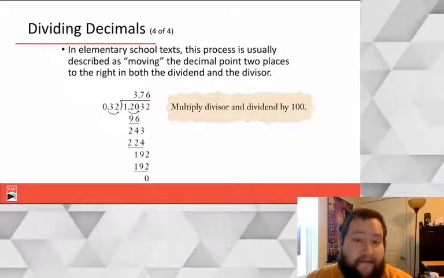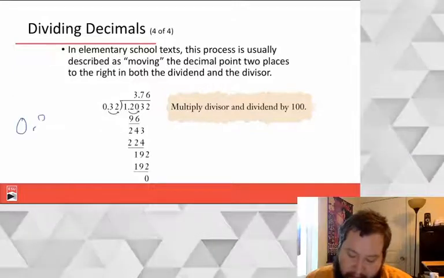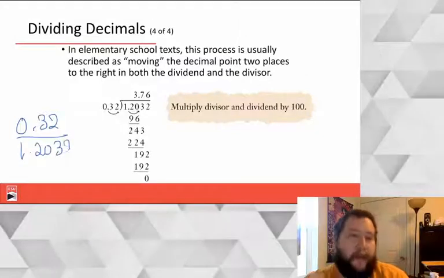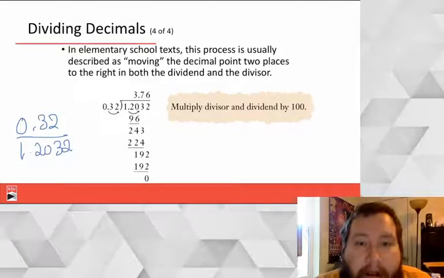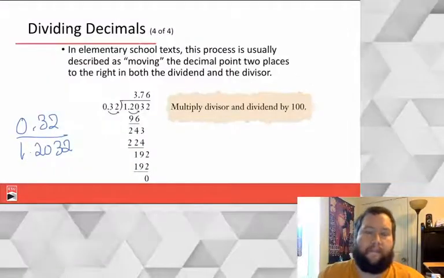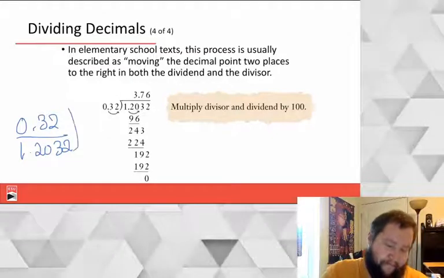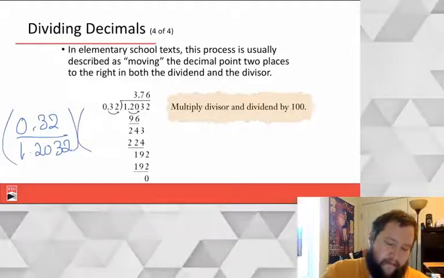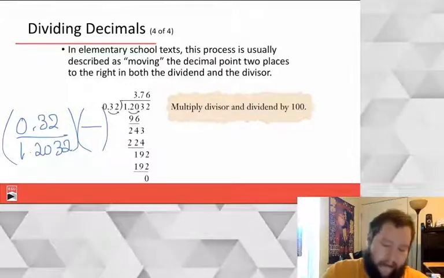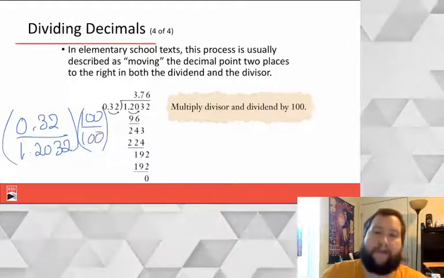If we have, I'm going to write this fraction in a way that we wouldn't see. We don't usually write decimals. 0.32 over 1.2032. Ooh, I dropped my iPad. What we have here is a fraction. Our fundamental property of fractions said we could multiply by 1, and that 1 can look like anything we want. So I'm going to say that 1 is 100 100ths.